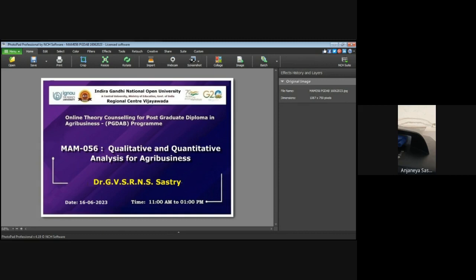Next, conceptual research. Conceptual research is related to some abstract ideas or theory. If you have any abstract idea, that is to be used by the researchers for their experiment. Next, empirical research. Empirical research is based on direct experience or observation by the researcher.